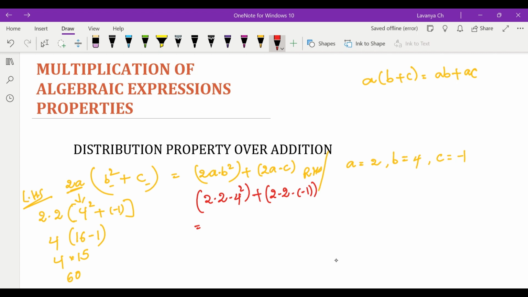So here 2 2s are 4. 4 into 4 square, that is 4 cube, which is nothing but 64, plus 2 into 2 is 4, 4 into minus 1 is minus 4. So this is 64 minus 4, that is 60. Here we can see the left hand side and right hand side values are the same after substitution, which means the multiplication of algebraic expressions is also distributive over addition.